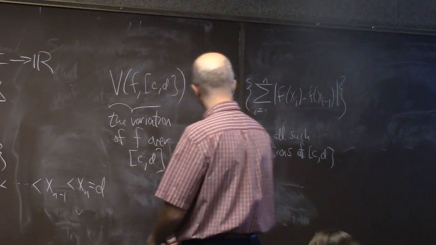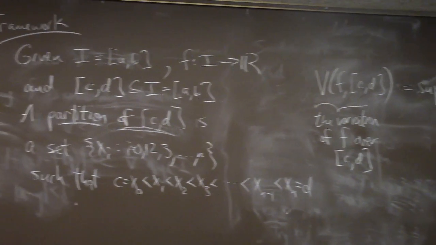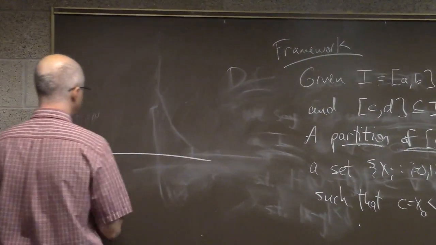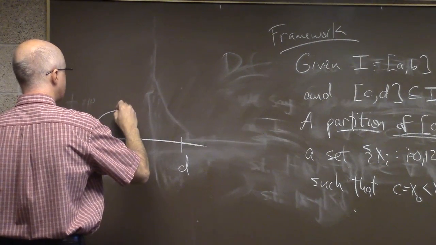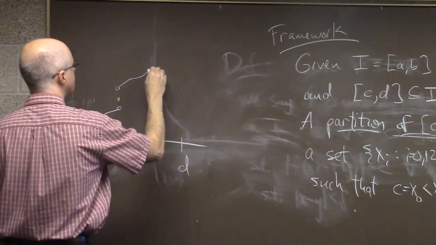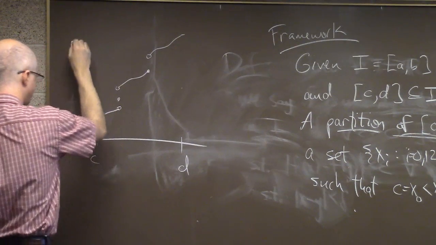Where should I draw my picture here? I guess we'll go over here on the left side. You got a monotone function, could have some jump discontinuities. Say the graph looks like that.